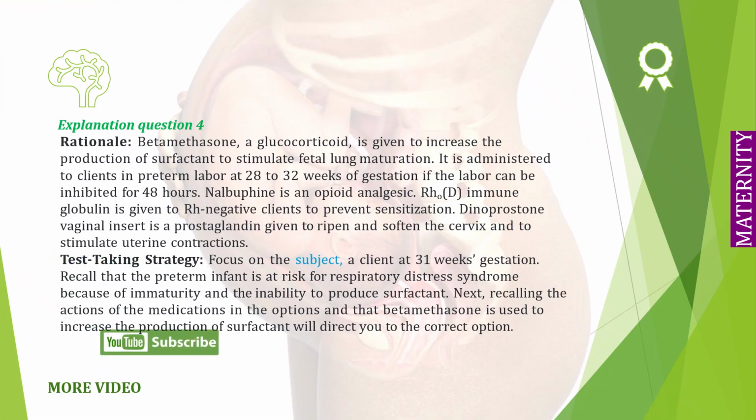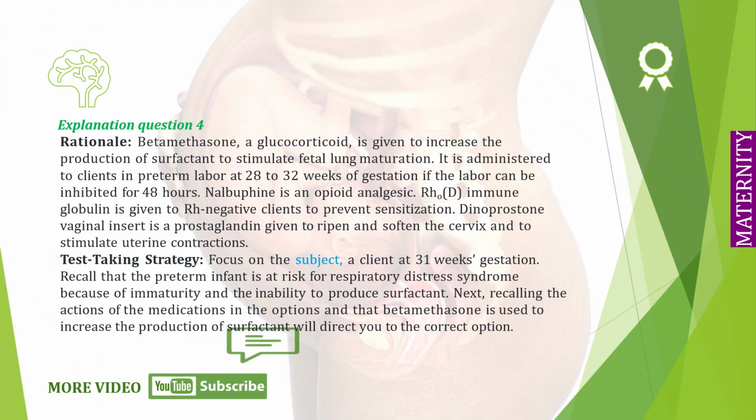Explanation. Question 4. Rationale. Betamethasone, a glucocorticoid, is given to increase the production of surfactant to stimulate fetal lung maturation. It is administered to clients in preterm labor at 28 to 32 weeks of gestation if the labor can be inhibited for 48 hours.